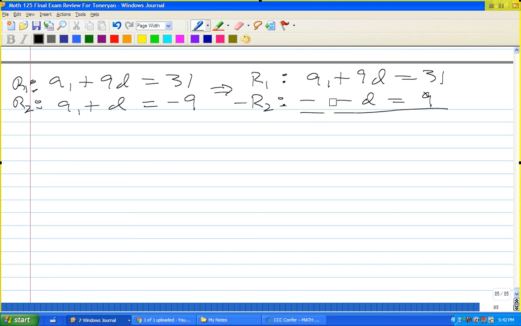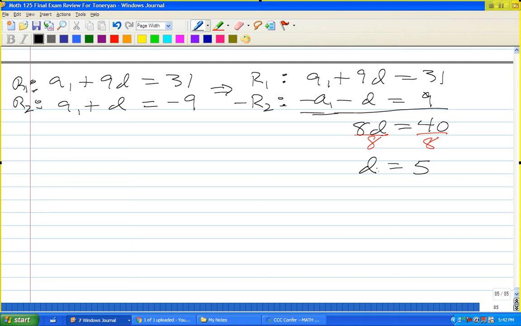Therefore, 8d is 40. Divide both sides of your equation by 8. So d is 5.